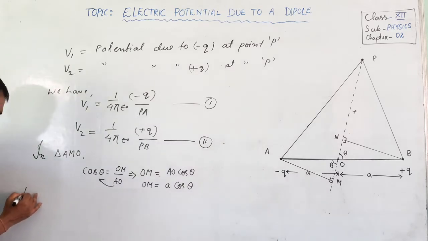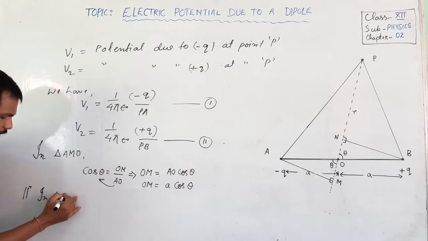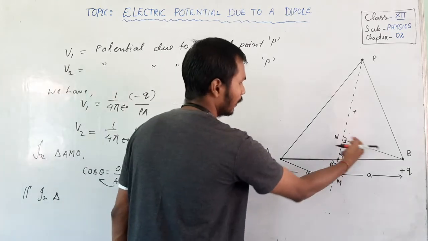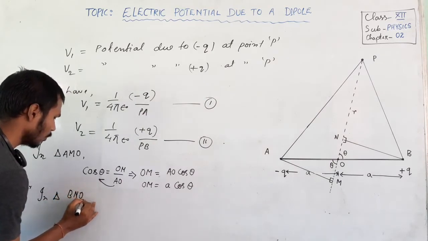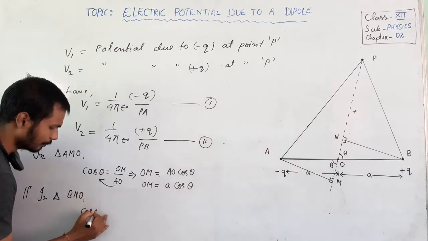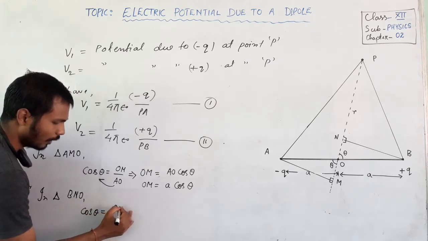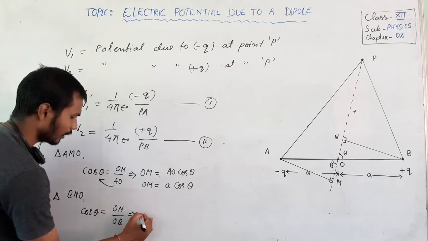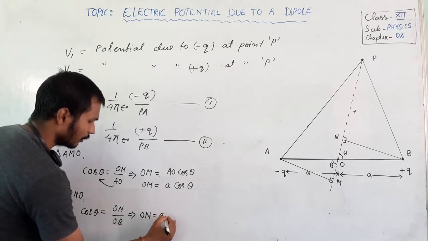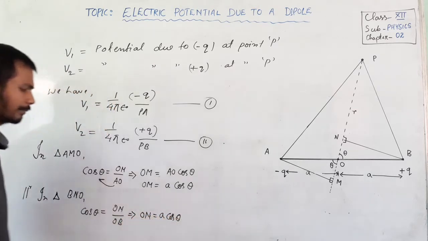Similarly, in the next triangle, B and O, cos theta will be equal to ON divided by OB. This implies that ON is equal to a cos theta.